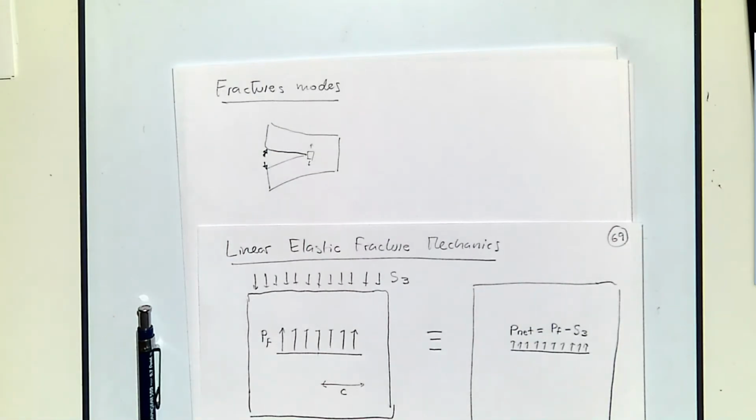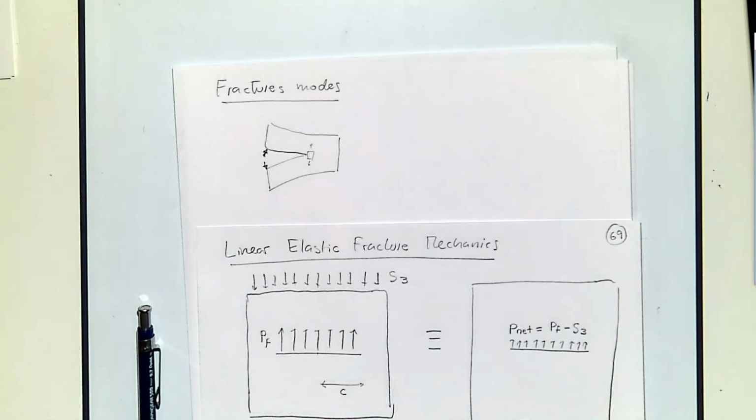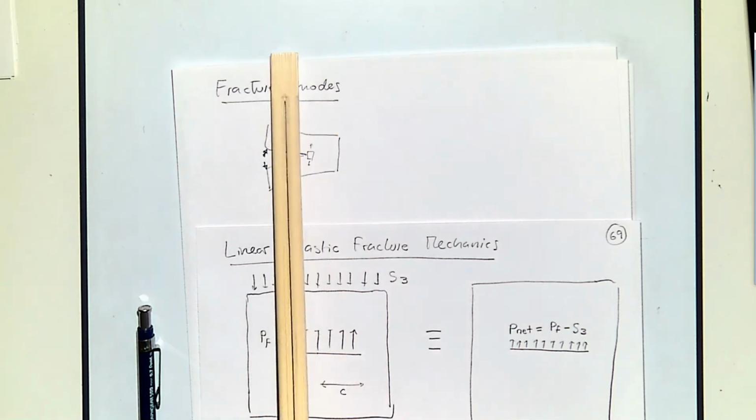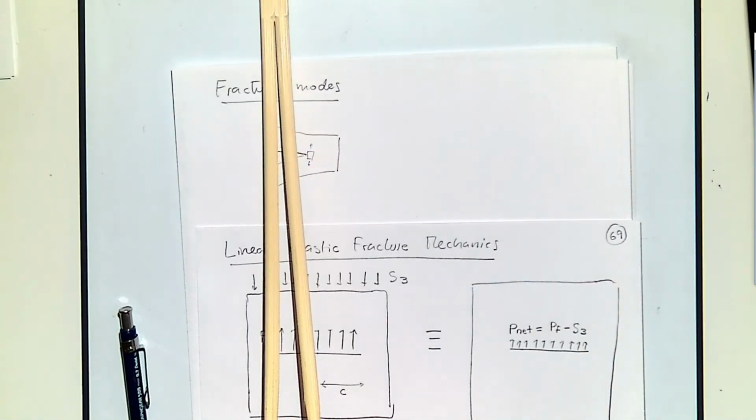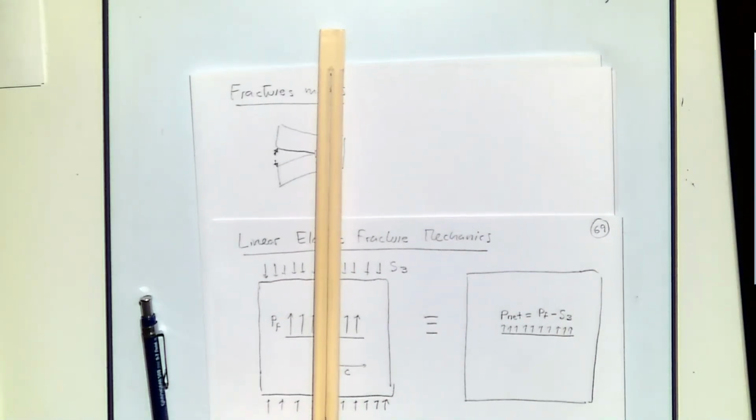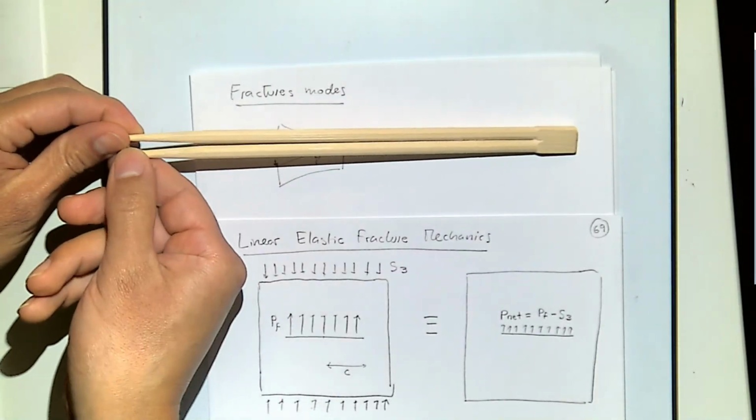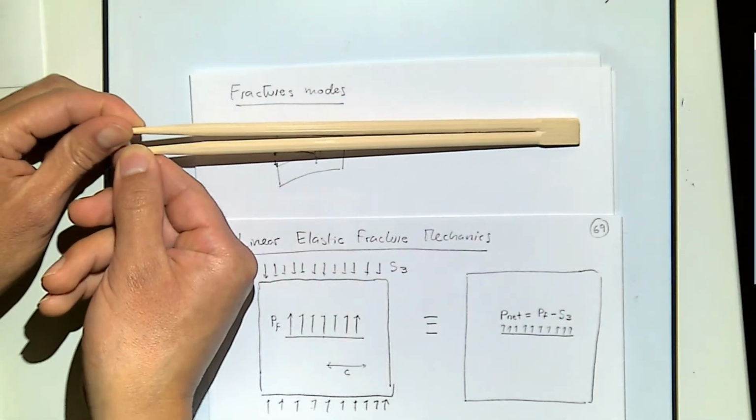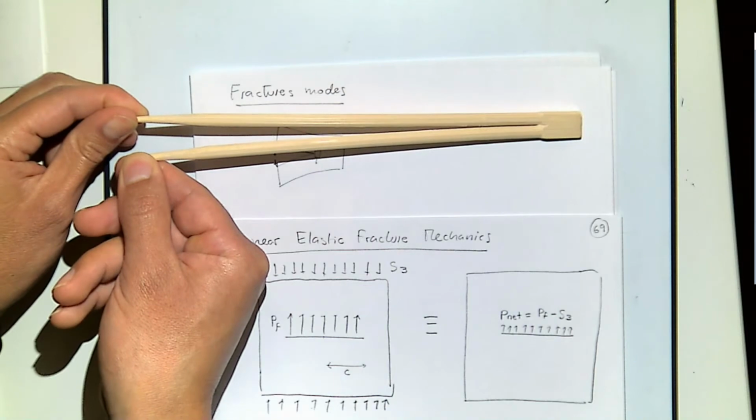If you use the chopsticks, mode number 1 would be the one in which you pull apart the two tips of the chopstick, so that, parallel to each other, it opens up.